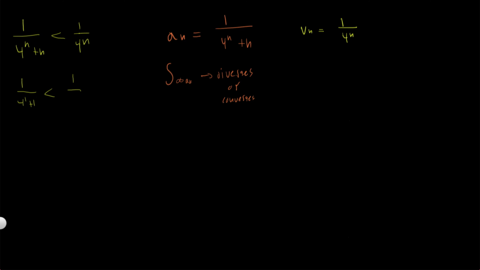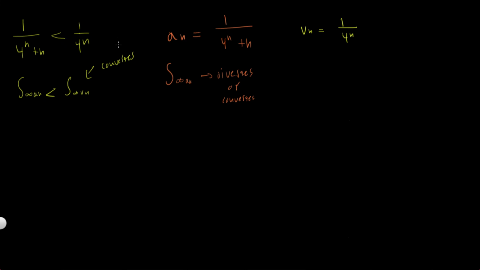And because every term in a of n is less than every corresponding term in v of n, that means the infinite sum of a of n is also less than the infinite sum of v of n. So if we find a value for the infinite sum of v of n, which means it converges, then this, which is less than this, has to converge as well.